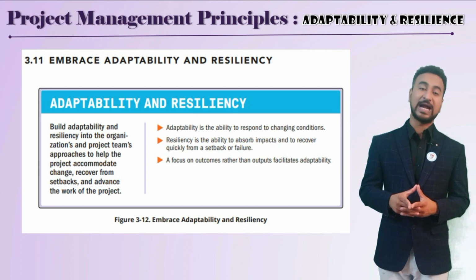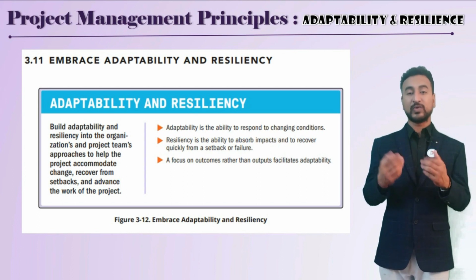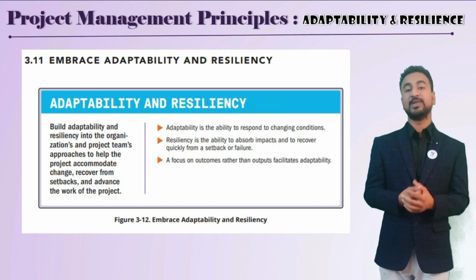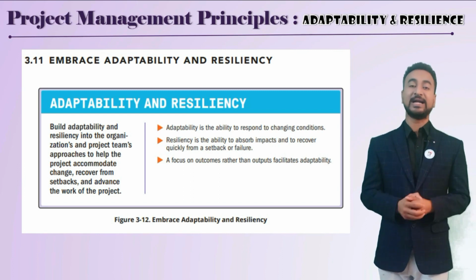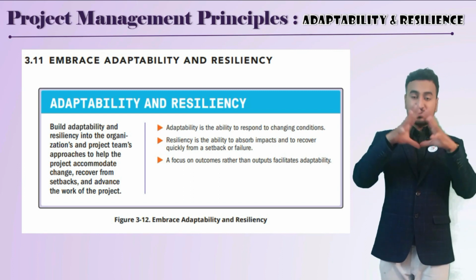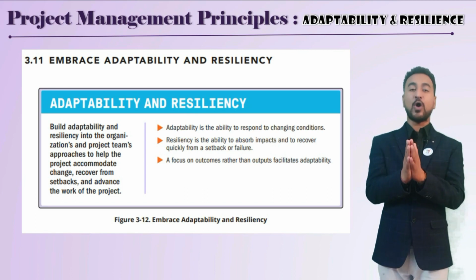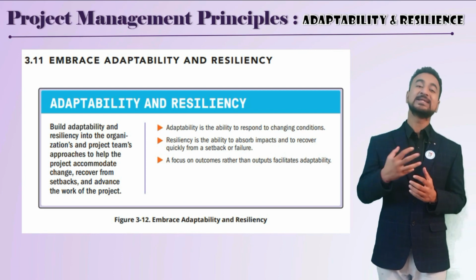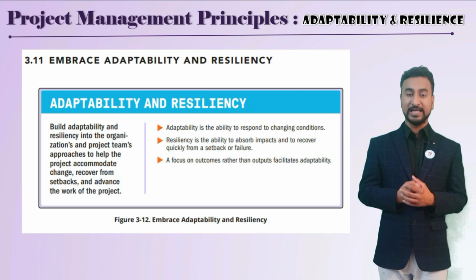Resilience has two aspects: how you can absorb the impact of that particular change and how fast you can bounce back from that shock. And throughout this process, our focus should not be on output, our focus should be to achieve the outcome. That is a higher value than achieving the particular deliverables.